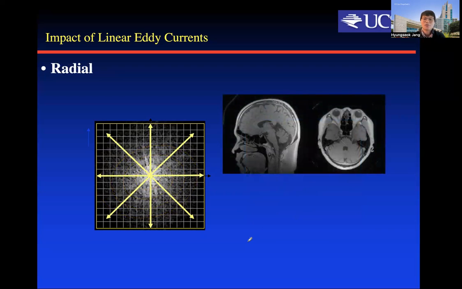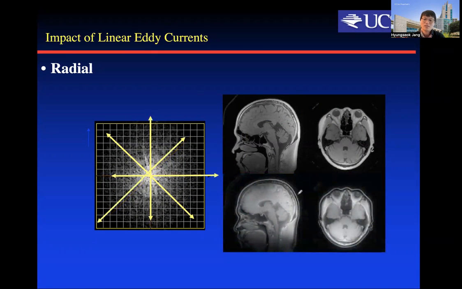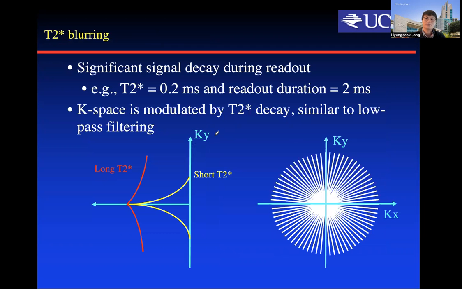And in our UTE case, for example radial imaging, if there is uncorrected eddy current, then typically there's a certain misalignment between the lower frequency and higher frequency components, which gives this kind of ringing artifact in the tissue boundary. So we really want to compensate for the eddy current for UTE imaging.